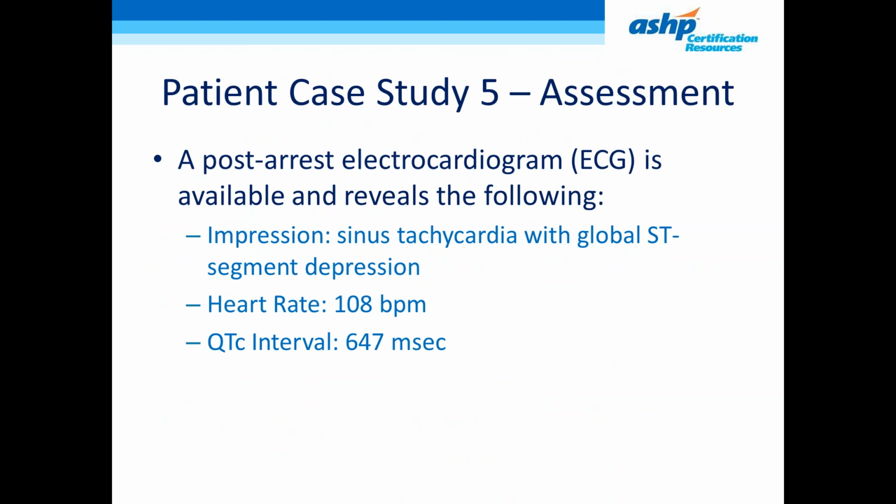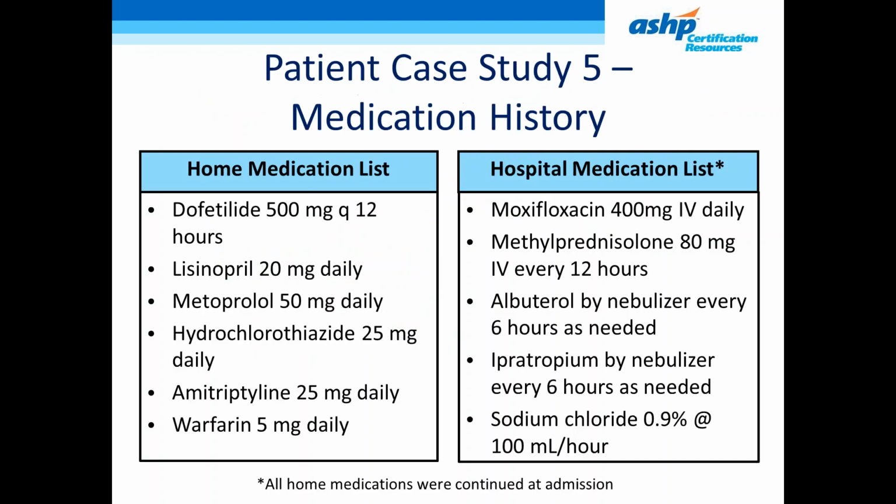Overall impression is sinus tachycardia with global ST segment depression. The patient's heart rate is 108 beats per minute, and the patient's QTc interval is 647 milliseconds. The patient's current medication history is as follows. The patient's home medication list consists of dofetilide, lisinopril, metoprolol, hydrochlorothiazide, amitriptyline, and warfarin.